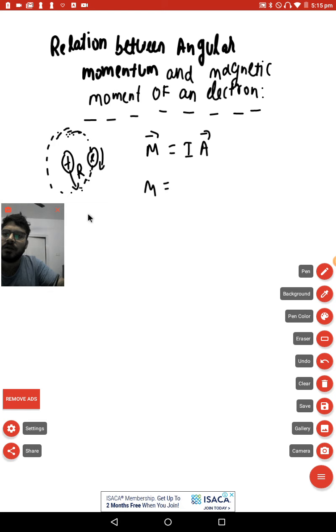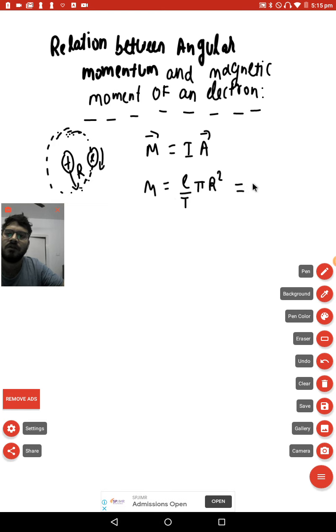Now what is going to be the current due to this electron? The current due to this electron will be charge divided by the time taken, times the area. Now what is this area? It is pi r square. Now 1 by t is nothing but frequency.